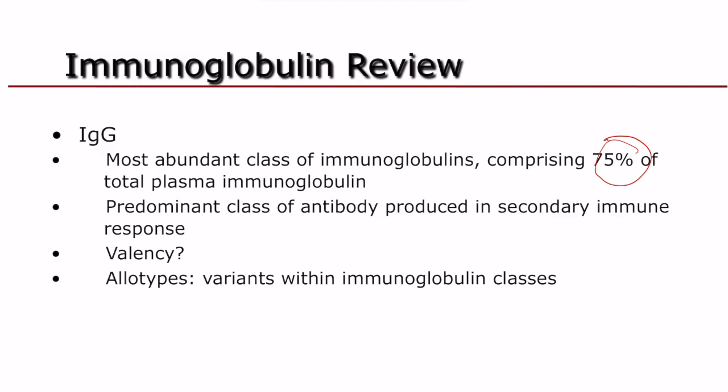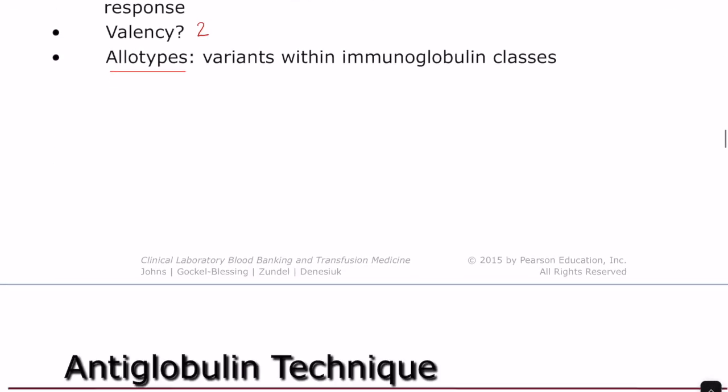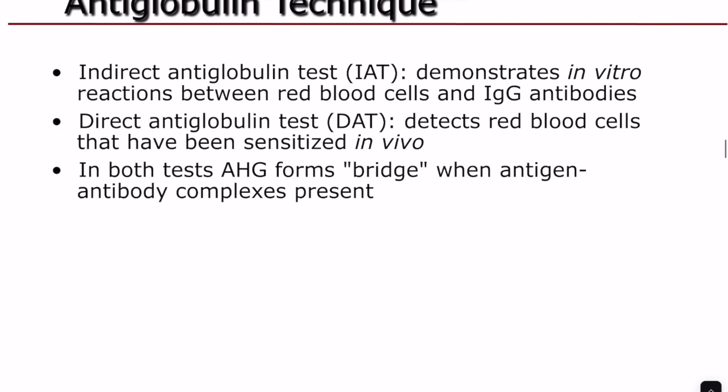It is produced in the secondary immune response. Valency, we've talked about, is 2. There are different allotypes, of course, within the class, and we're not going to really focus on those, but beware, there are additional ones.